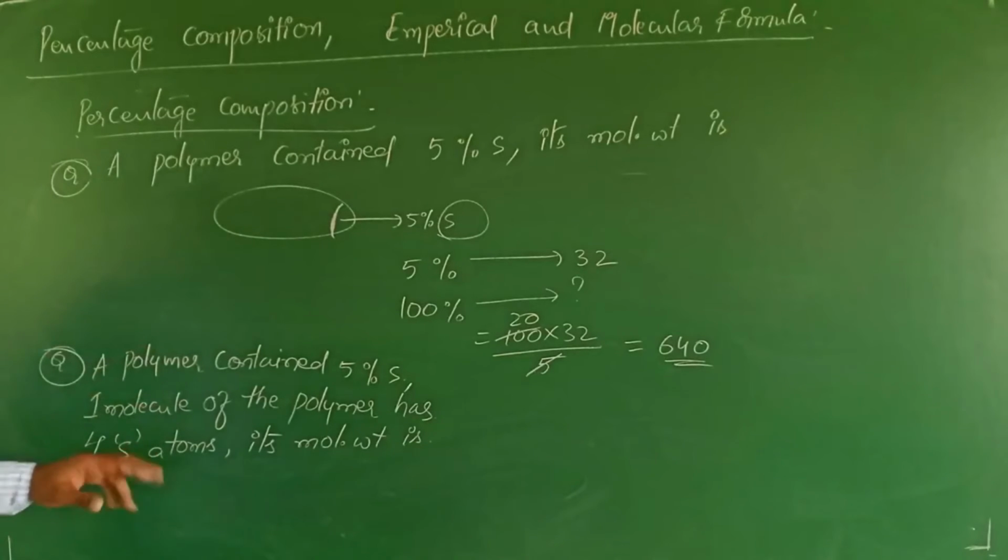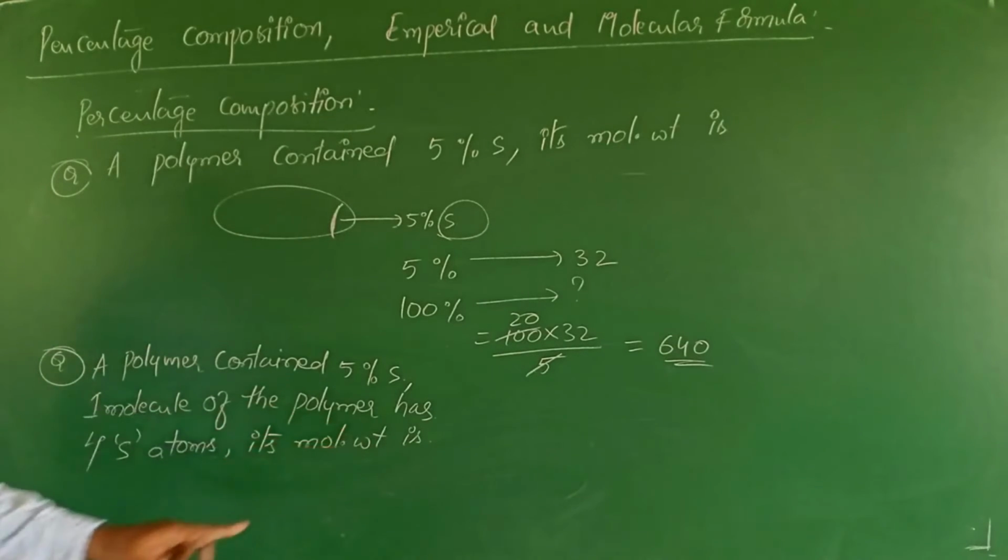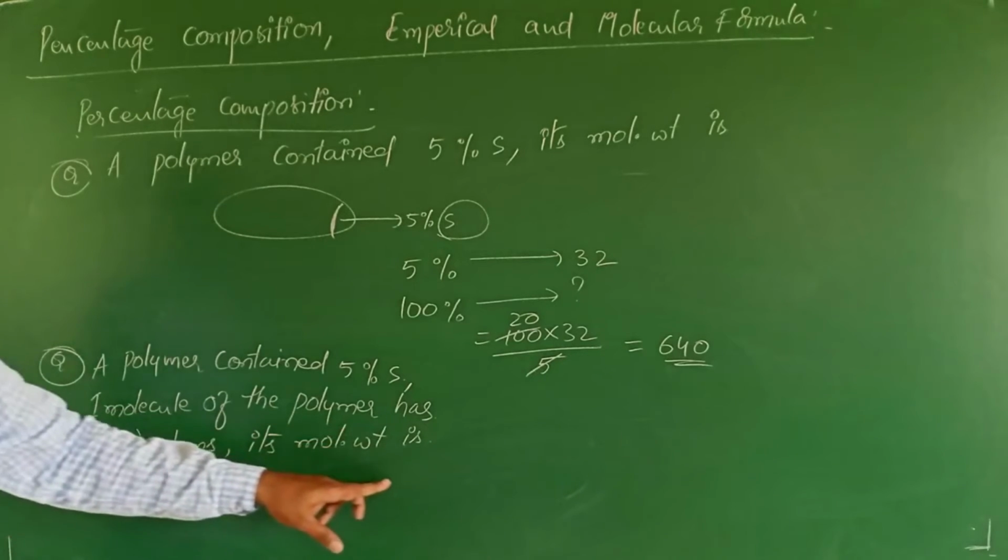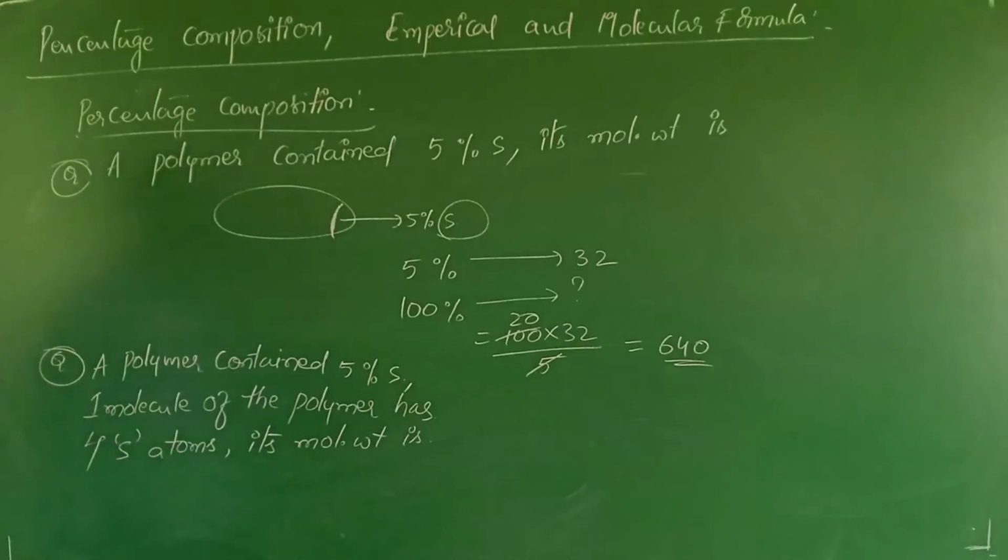What is the extra part we added here? One molecule of the polymer has how many sulfur atoms, students? 4 sulfur atoms, and we are asked to find its molecular weight.